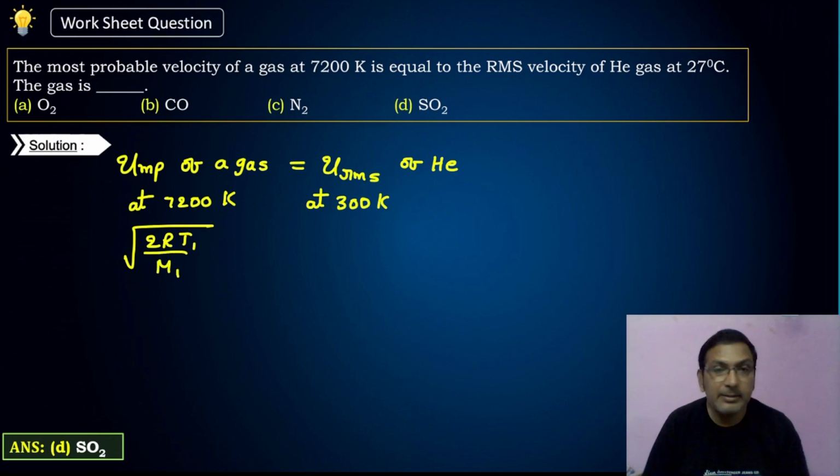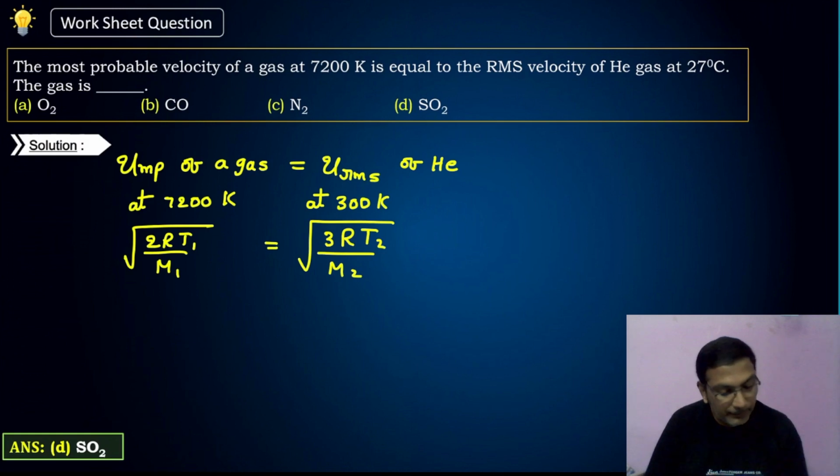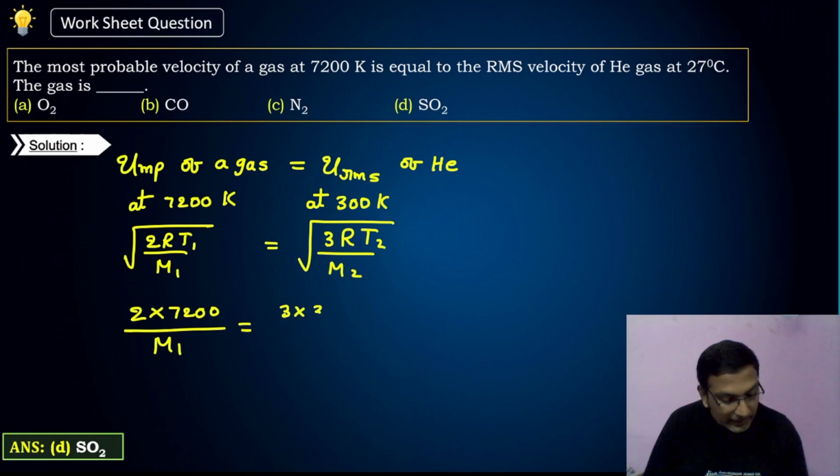Next, most probable velocity is root of 2RT by M, and RMS velocity is root of 3RT by M. Since R is constant, the root value cancels. So 2 into 700 by M1 equals 3 into 300 by M2.